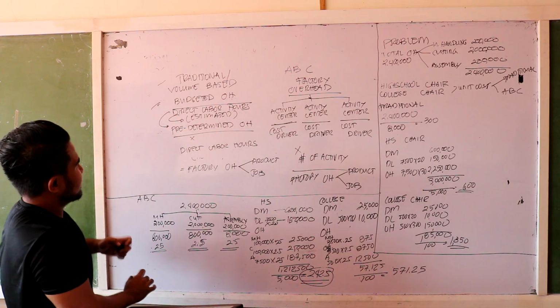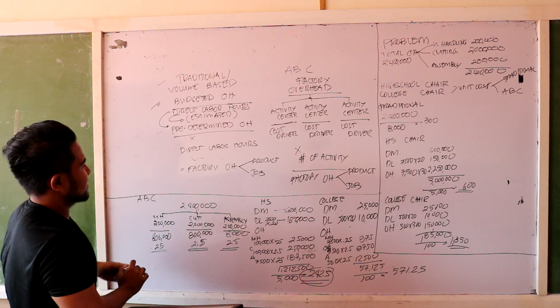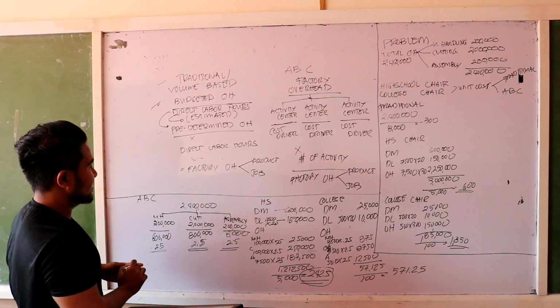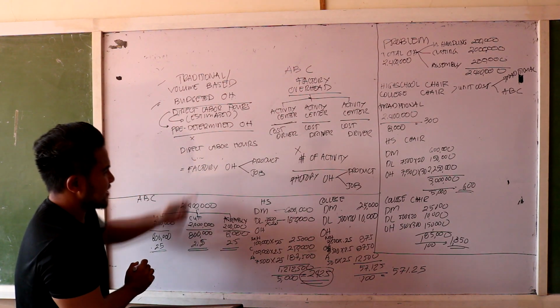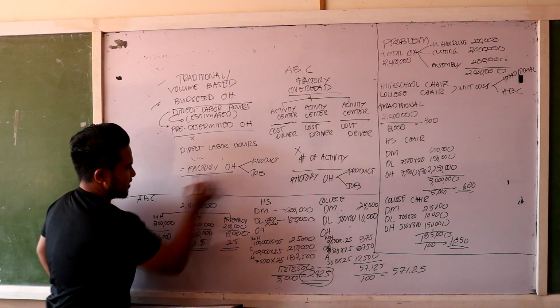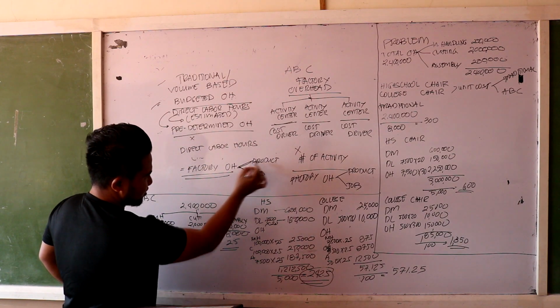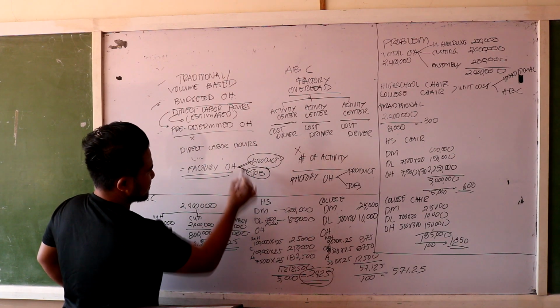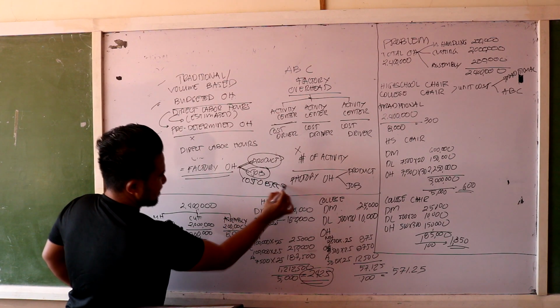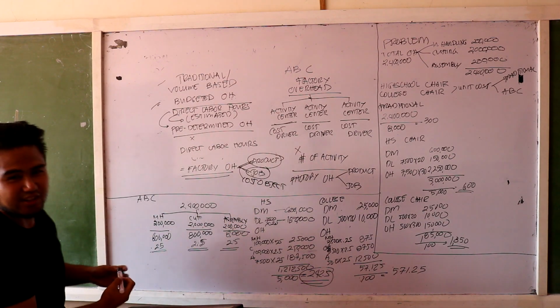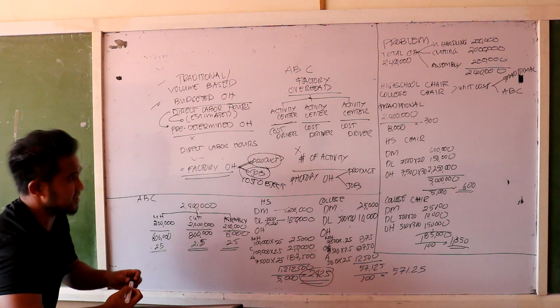And, dividing the two, we will get your predetermined overhead rate. And simply, the predetermined overhead rate is multiplied to our direct labor hours to get our factory overhead, which will be given either to our product or to our job, or simply our cost object. Simple as that. And that is traditional or volume-based costing.